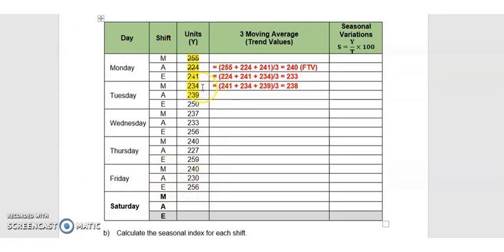So move this value and add another three values. The fourth trend value will be 234 plus 239 plus 250, divided by 3.